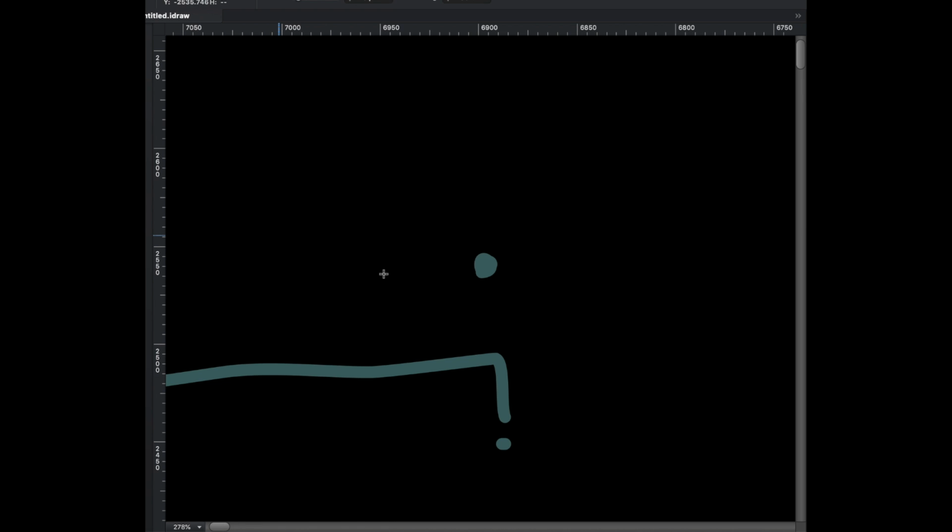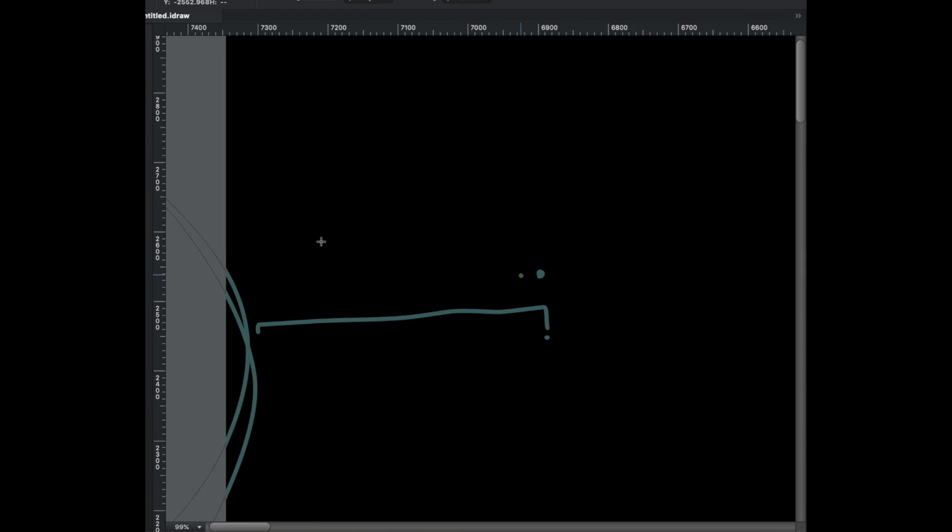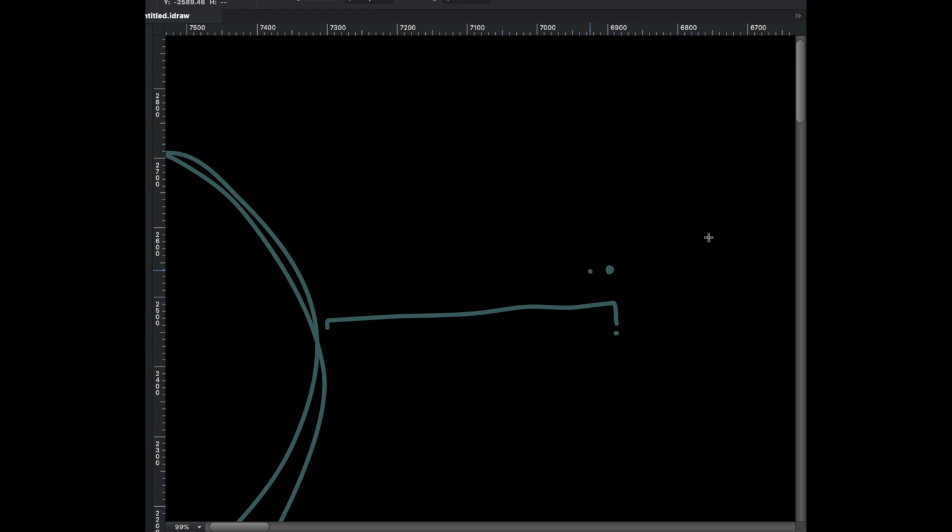Green would be fine. Maybe, give or take, maybe that far apart. So remember, this distance right here is 57.91 million kilometers. This distance is only 184,000 kilometers. So big difference.